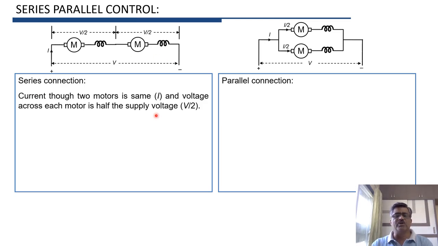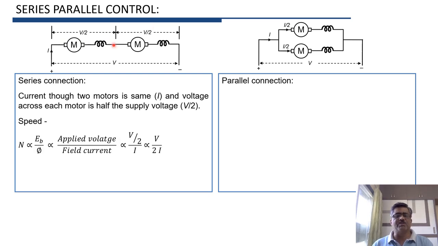When the two motors are connected in series, the current in each motor will be the same and equal to I, whereas the voltage across each motor will be equal to V divided by 2. Now the speed of the motor N is proportional to EB upon phi, and this back EMF EB is proportional to applied voltage and phi is proportional to field current.